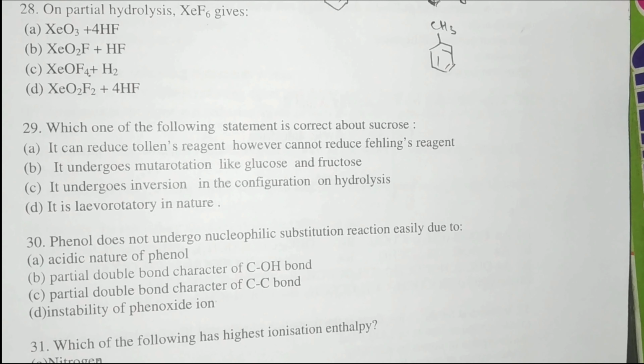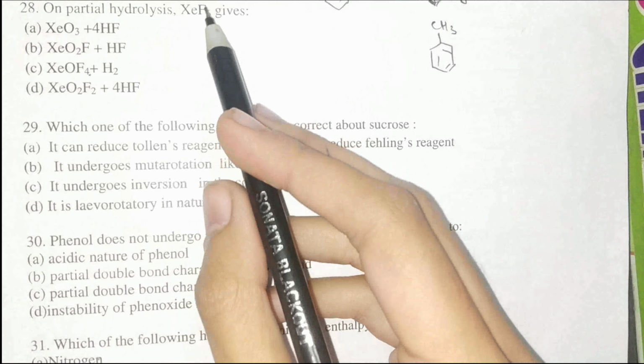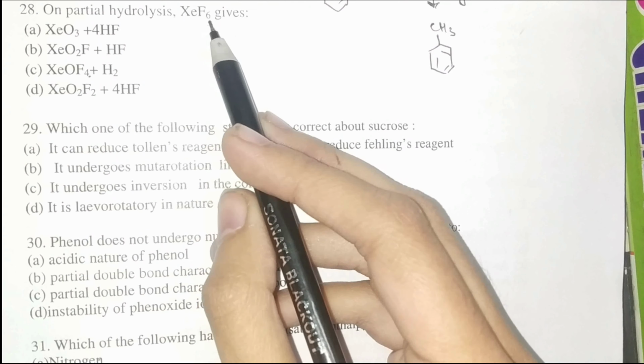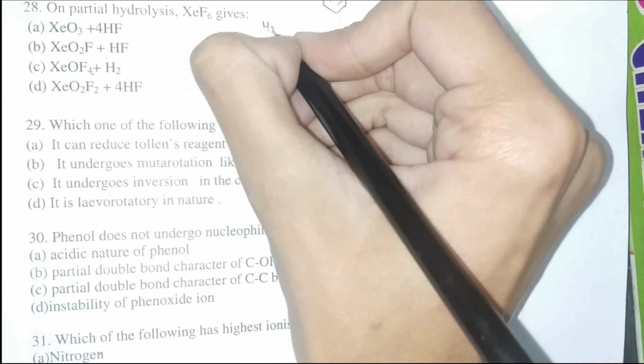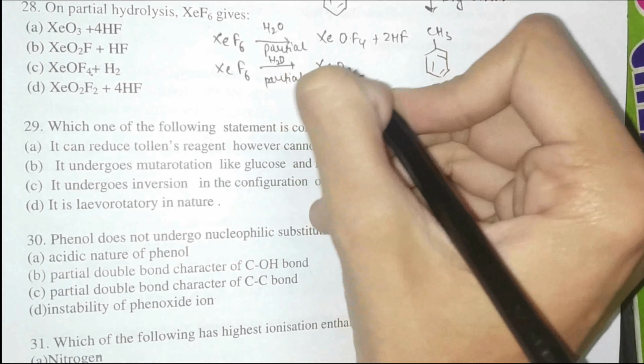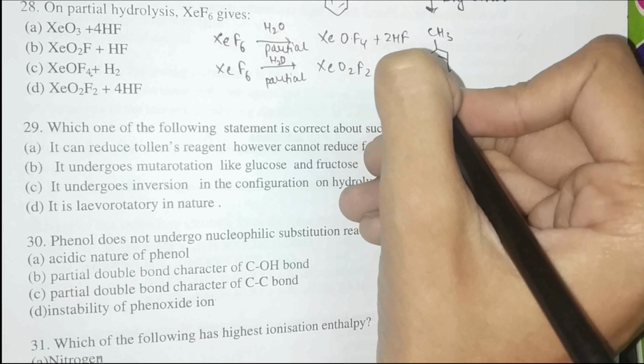The next question says, on partial hydrolysis, XeF6 gives. What does it give? On partial hydrolysis of XeF6, in the presence of H2O, it can take place in two ways. In one case, XeOF4 plus 2HF, and XeO2F2 plus 4HF.